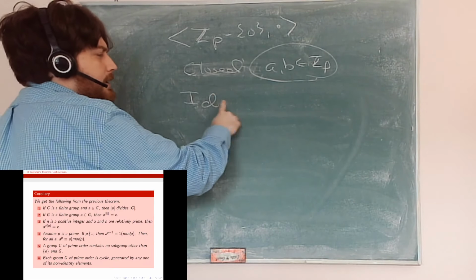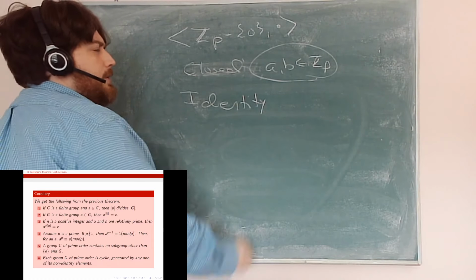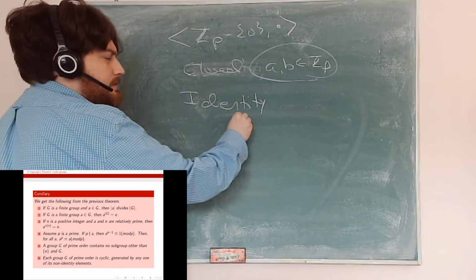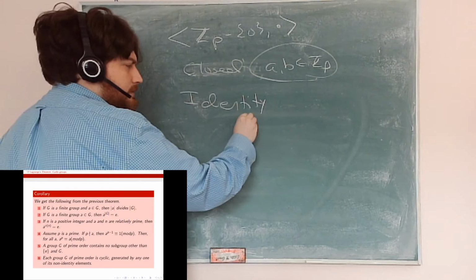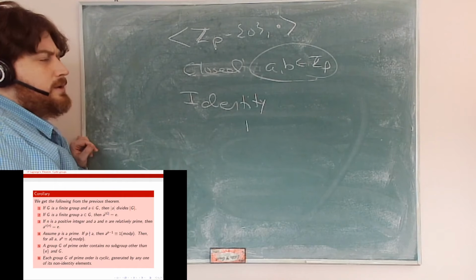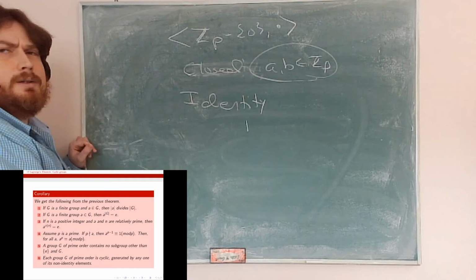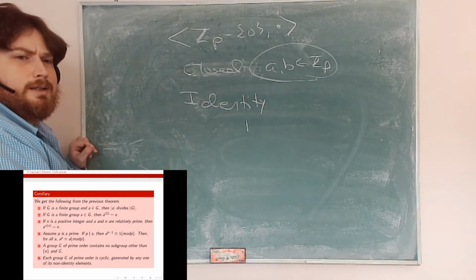Well, do I have an identity? What is the identity for multiplication? I think that's just 1, because 1 times anything is the anything.